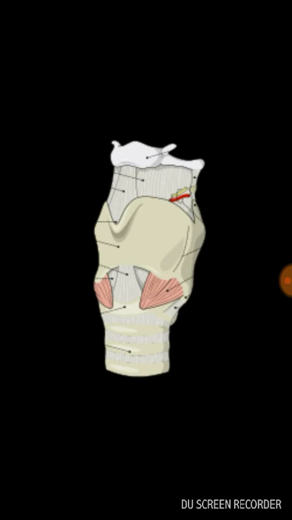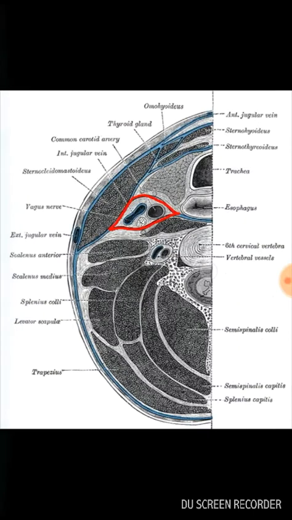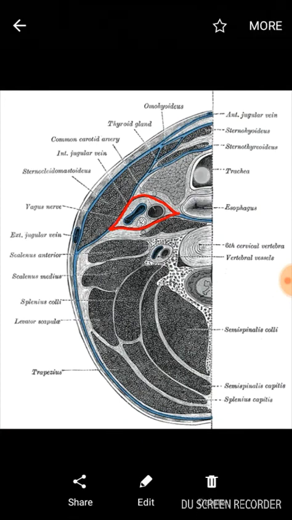The external carotid, the internal carotid, which lies side by side, the internal jugular vein, which is lateral to the common carotid and the internal carotid, and the veins corresponding to the branches of the external carotid artery. So the carotid sheath, seen right here, you can see that this is the esophagus, this is the trachea, this is the carotid sheath.